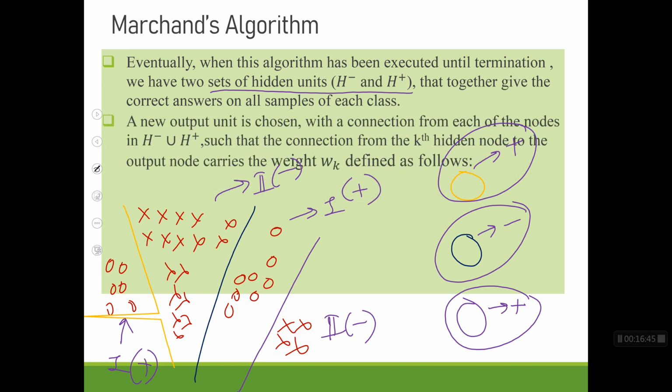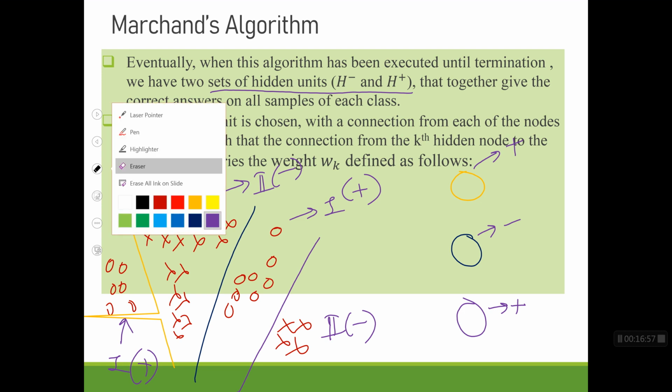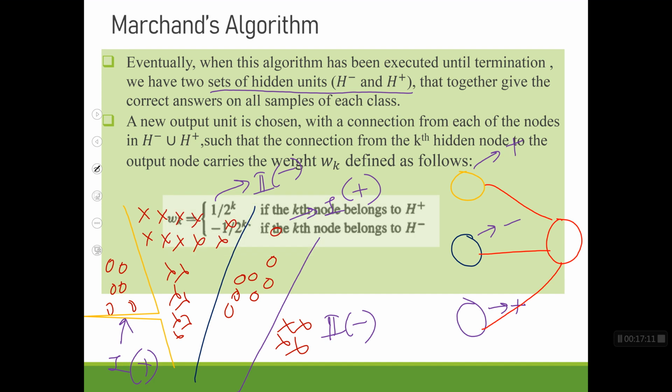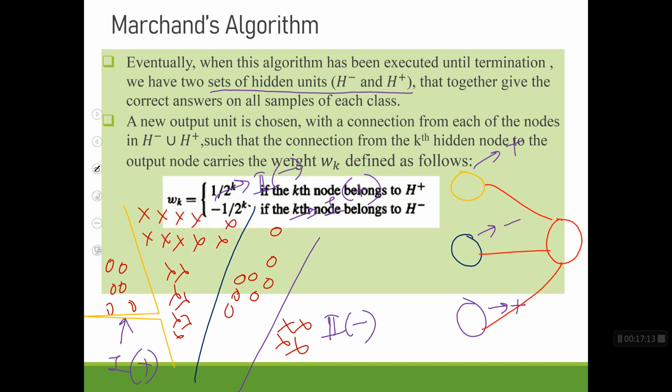Now a new output unit is chosen with a connection from each of these nodes. So all these nodes finally will be connected to a main output node, and the weights are selected in such a way that there is an equation which is used to select these weights, and that equation is this.